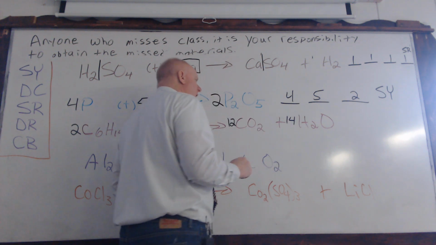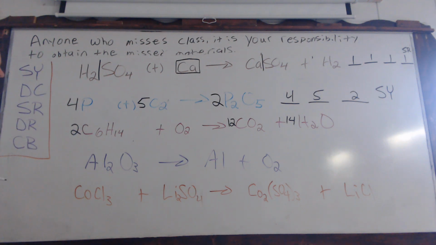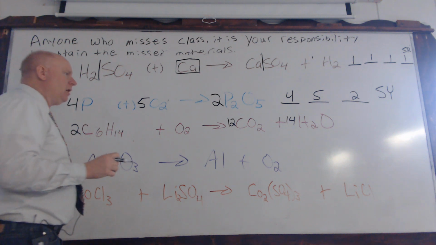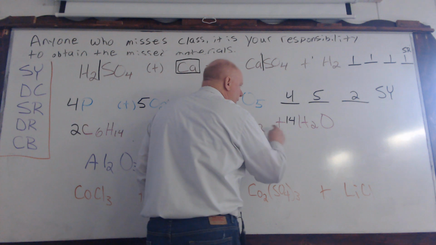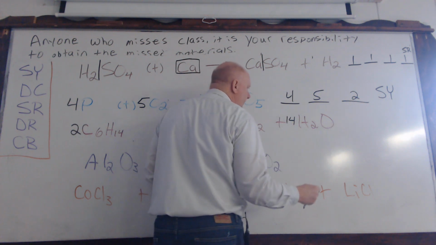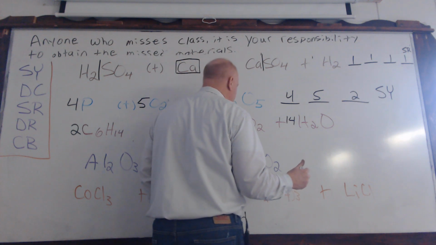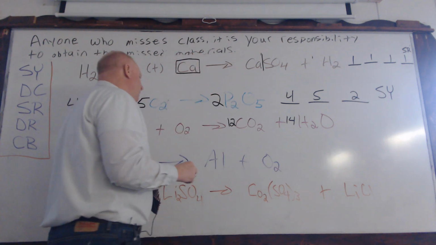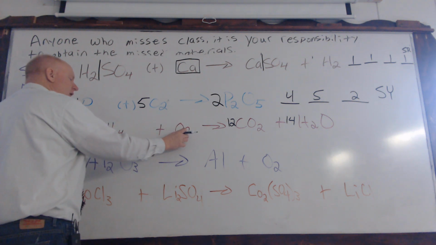Now we've got the hydrogens balanced, the carbons balanced. Then the next thing we need to do is our oxygens. We've got 12 times 2 and 14 times 1. 14 times 1 is 14. 14 and 24 gives you what? So then 38 divided by 2.